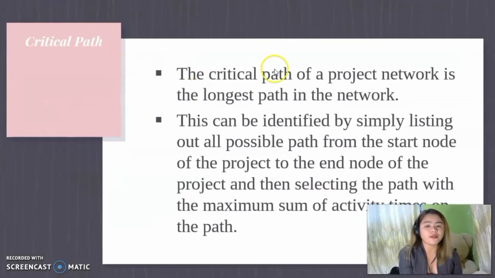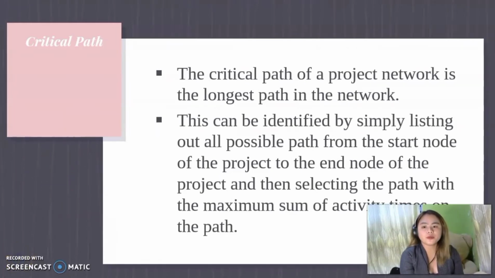The critical path of the project network is the longest path in the network. This can be identified by simply listing all possible paths from the start node of the project to the end node of the project, and then selecting the path with the maximum sum of activity times on the path. So back to our network construction.